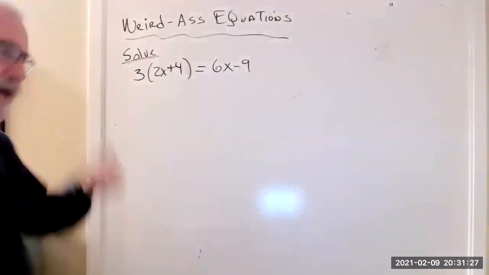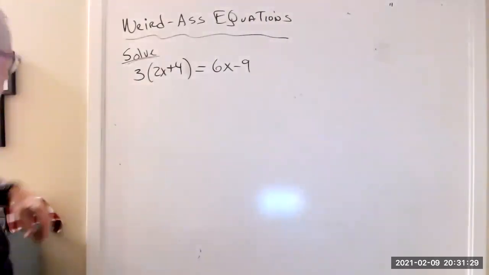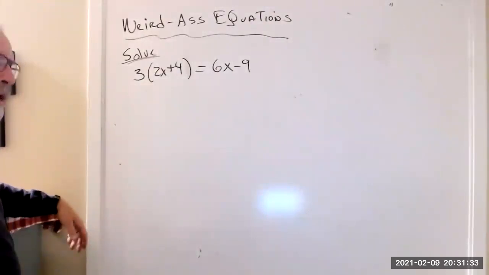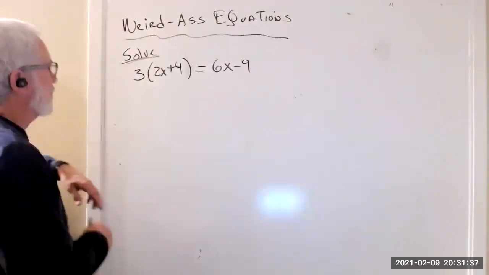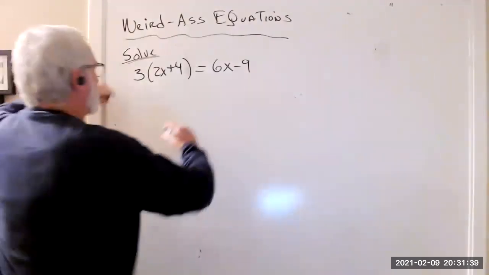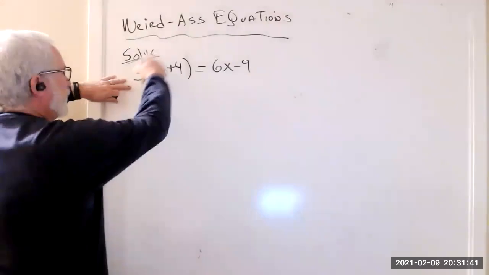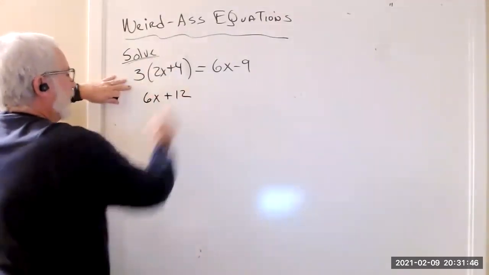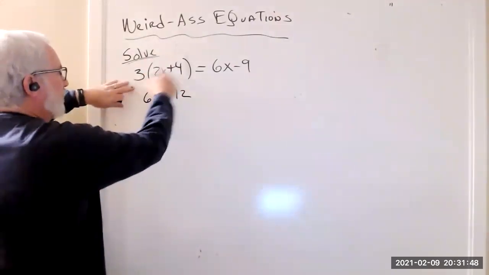So right about now, you should be confused because you got a weird answer. Yes or no? Probably. All right, so if we distribute in, we get 6x plus 12. 3 times 2, 3 times 4.